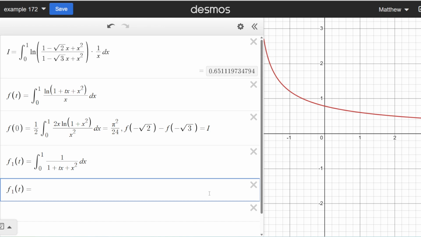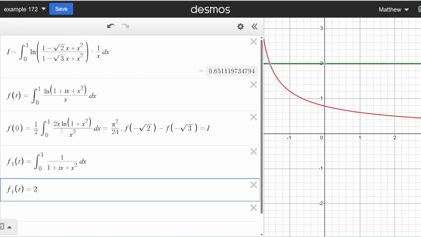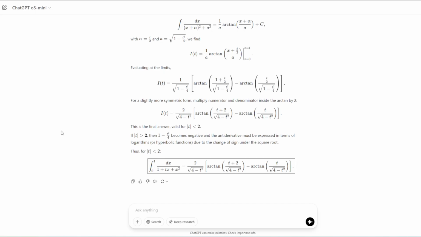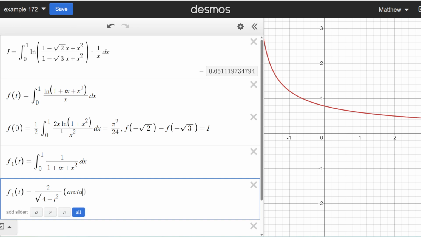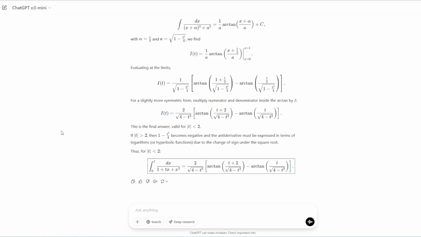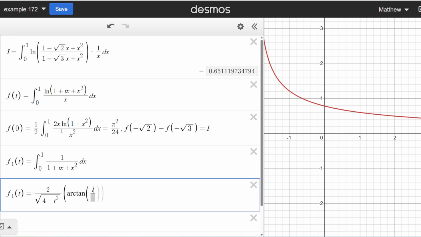All right. So, 2 over the square root of 4 minus t squared, and then parentheses, arctangent of t plus 2, t plus 2 over this.